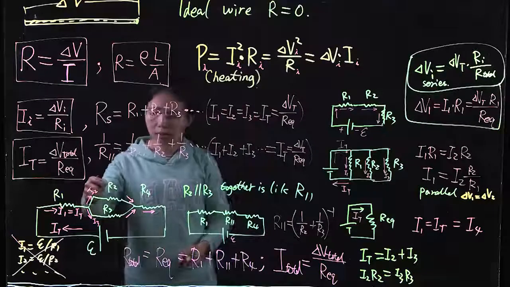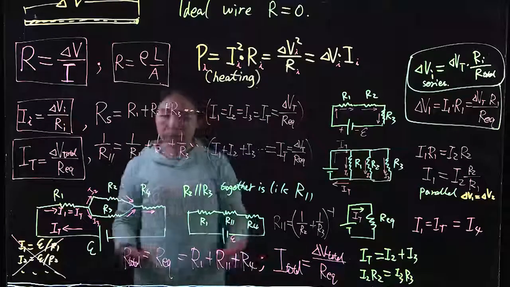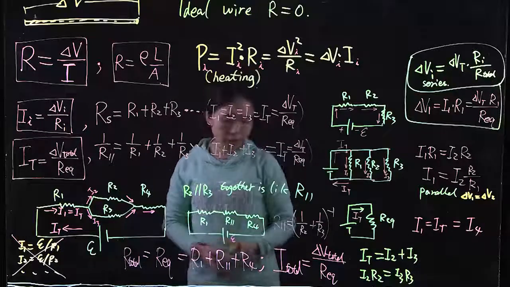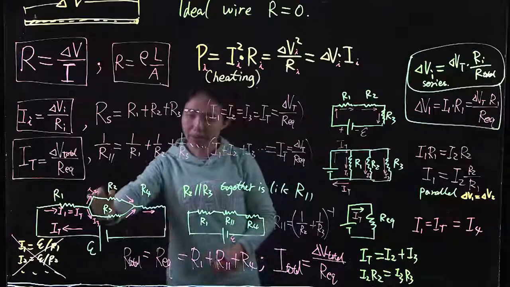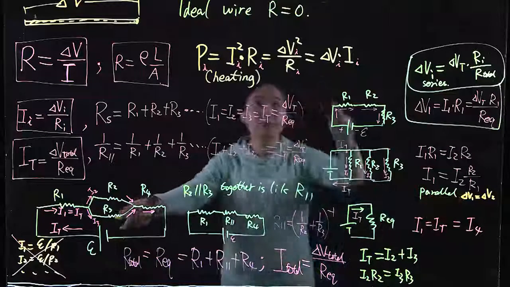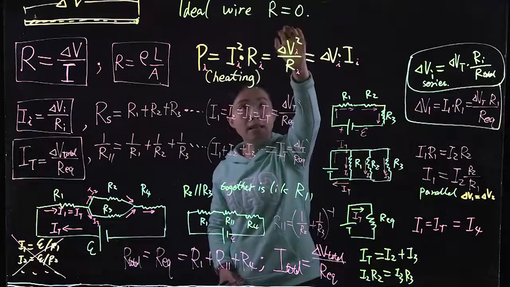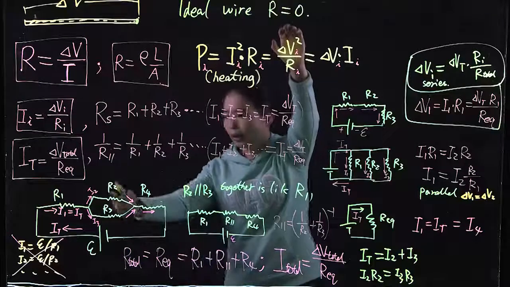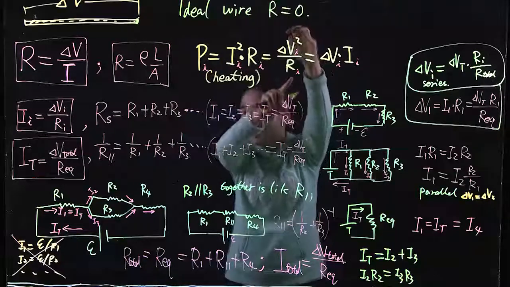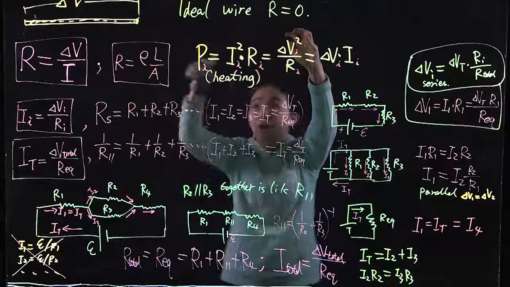How about the power consumed by R2 and R3? Which one is bigger? You may think, oh, who has a larger I? Actually, this time, because they are in parallel, between these 2 points, they have the same voltage difference. If they have the same delta V, they have the same delta V square, so we can compare these two. Obviously, power equals delta V squared over R. If you have a small R, you are going to have a larger power.